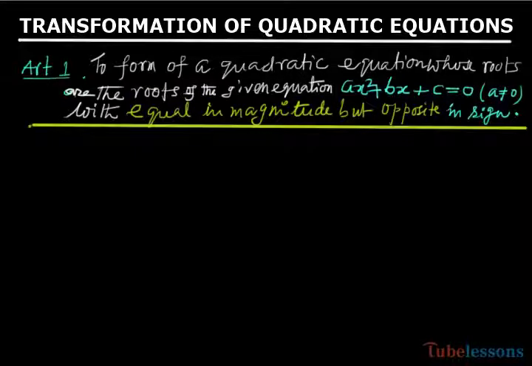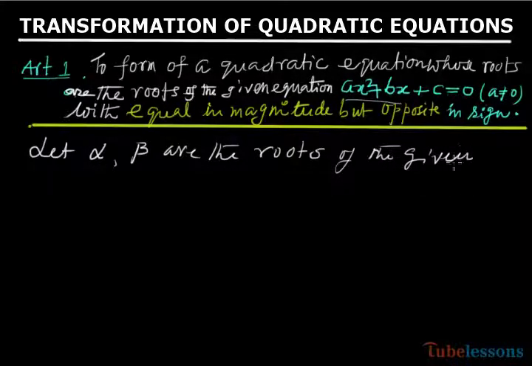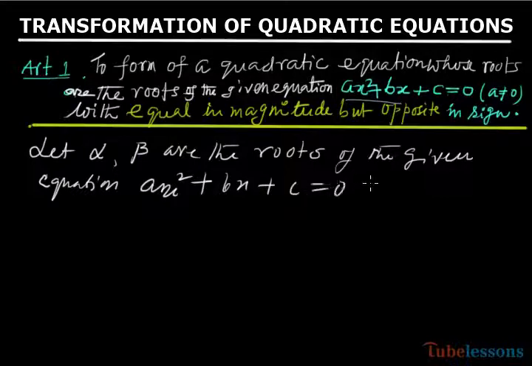So let's start. Let alpha and beta are the roots of the given quadratic equation ax square plus bx plus c equals to 0 and a not equal to 0.